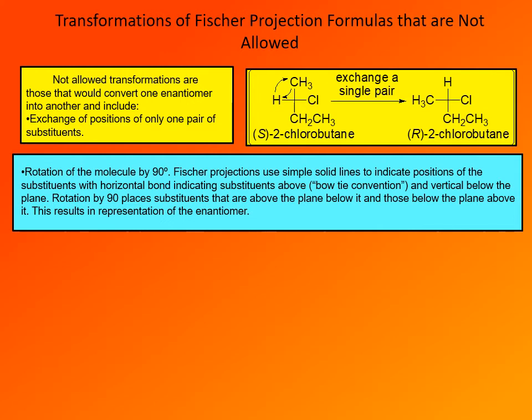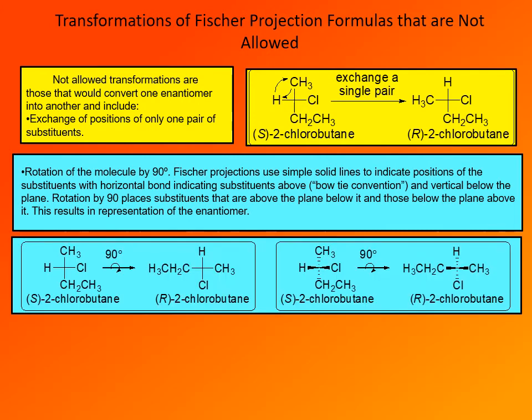They indicate that substituents are projecting towards you, remember bow tie convention, and vertical, that substituents are projecting away from you or are below the plane. So rotation by 90 degrees actually inverts those substituents, flips those substituents. And of course, that's not allowed. Rotation by 90 degrees would result in representation of the enantiomer. So you can see that from this example.